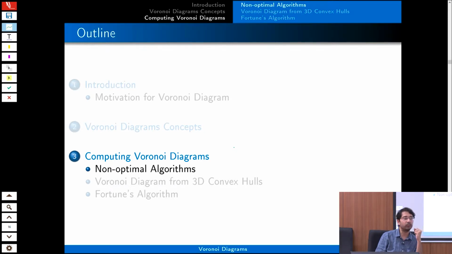Can you give me an algorithm to find the Voronoi diagram? Forget about the Voronoi diagram. Can you give me an algorithm which finds only the Voronoi vertices? The rest I will take care of. Just find out all the Voronoi vertices.